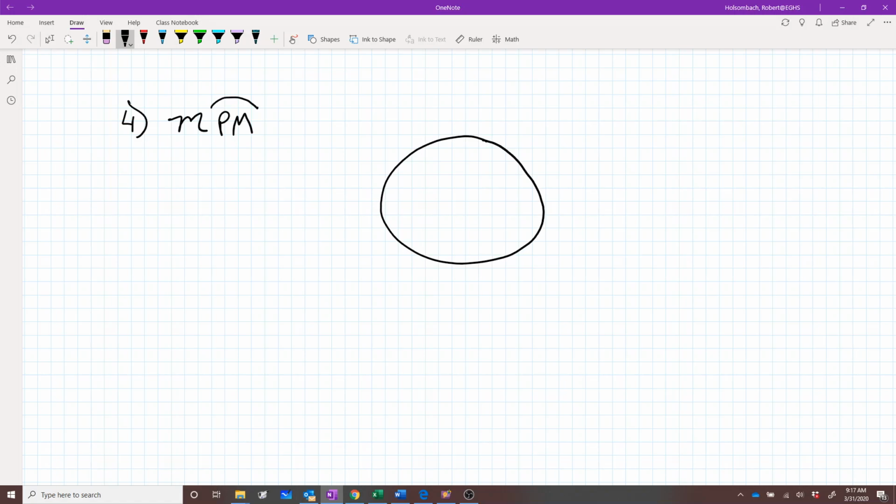And practice problem number 4. The measure of arc PM given the following circle. And 72 degrees.